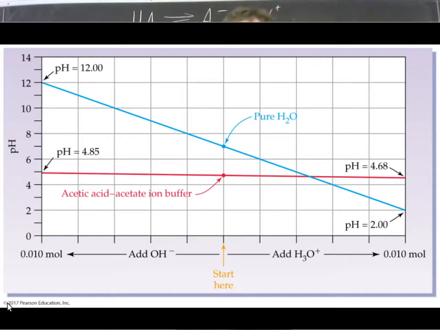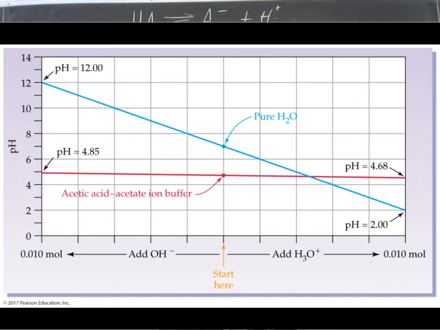The point is to make a solution that will be stable and resist changes at a certain target pH. If you want a solution to be at 4.74 pH units and resist any deviations away from that, then acetic acid acetate buffer would be your choice.